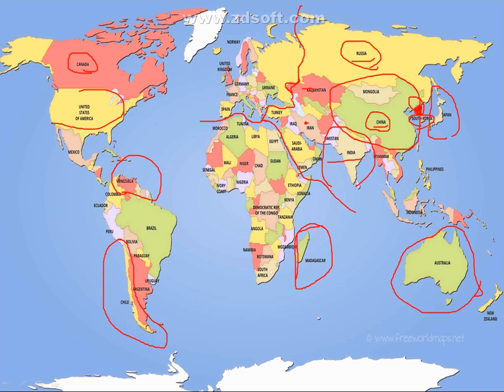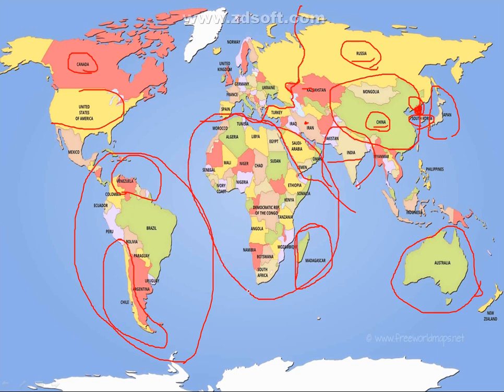What happened and who were the first humans who got access to continents like North America, and what happened to continents like, for example, South America and also Africa.